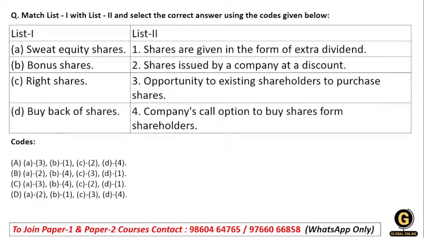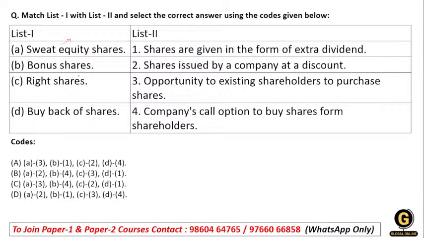It may be for consideration, but without cash. It's not given in cash to its employee or the director of the company, because their contribution is good for the company. So they issue the sweat equity share either to its employee or to its director, because their contribution is good. So they issue the sweat equity share, but other than cash.